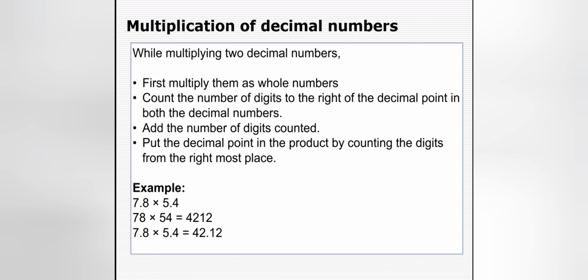So 1 plus 1, how many in all decimal places? 2. So 7.8 multiplied by 5.4, the answer will be 42.12. We will put the decimal after two digits from the right, that is 42.12. Children, have you understood this? Clear?